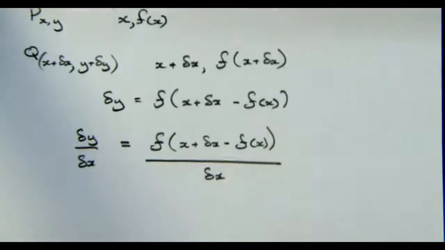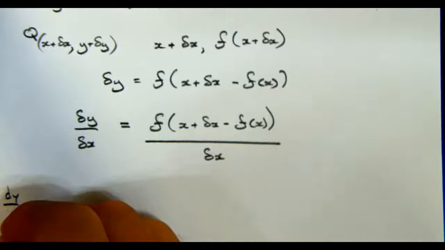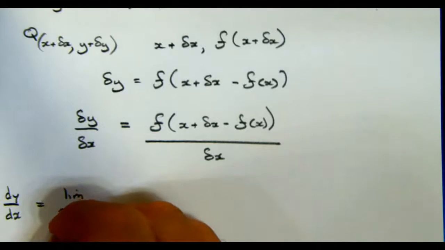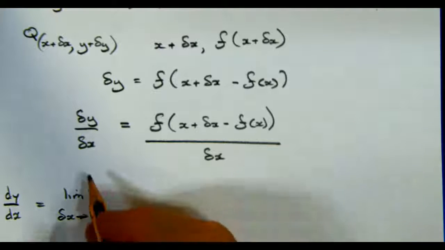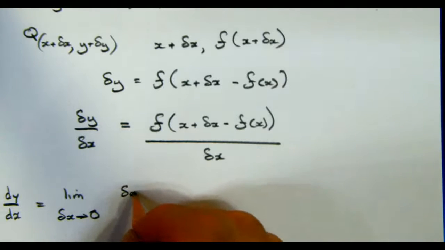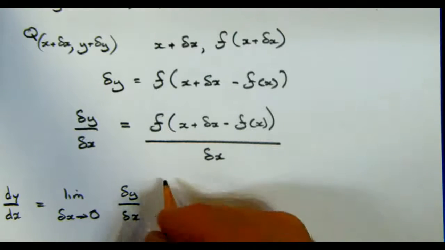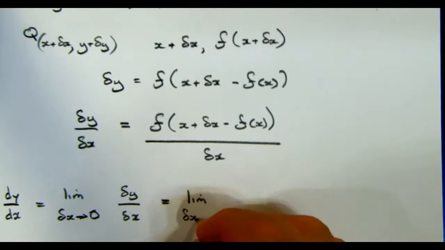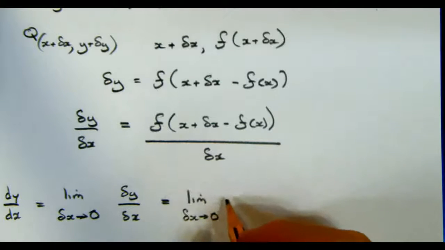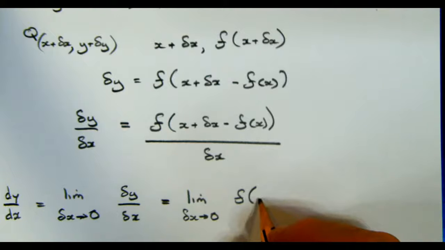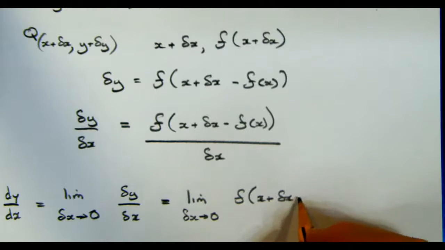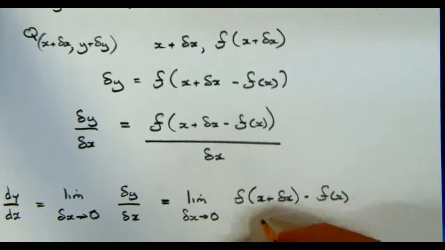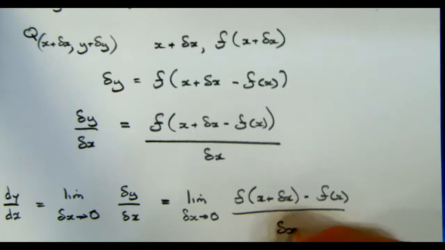If we work out what dy by dx is going to be, as we approach the limit of delta x tending to 0 of the change in y over the change in x, this is going to become the limit as delta x tends to 0 of some sort of function of x plus delta x minus my function of x all over delta x.